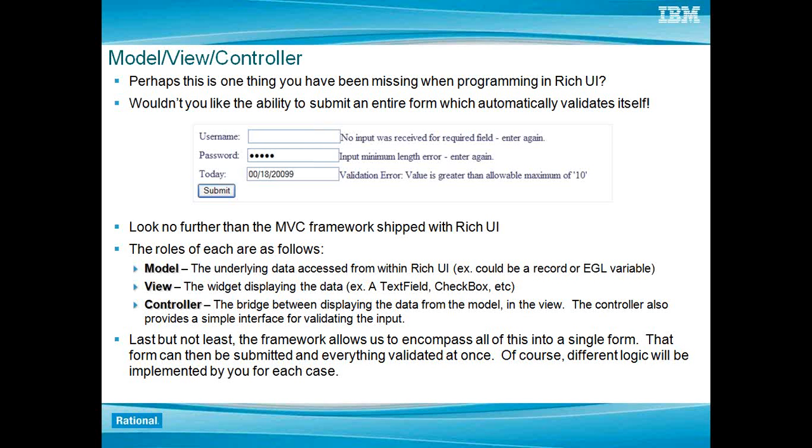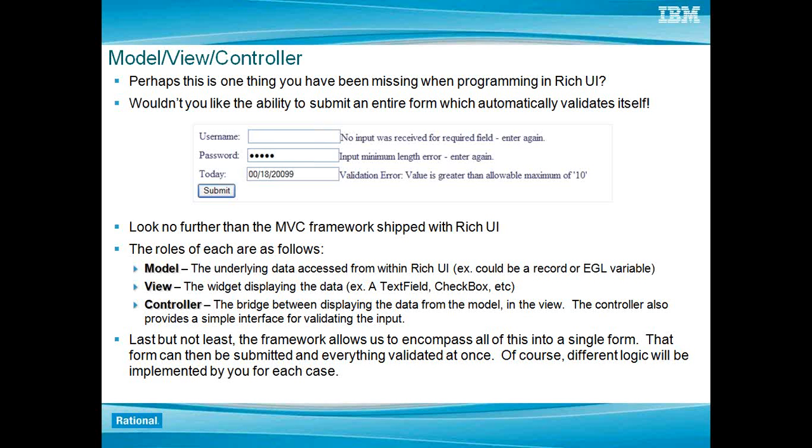For the model, for example, we can have some EGL variables, records or data items that can be considered as the model because they are storing and holding some values.